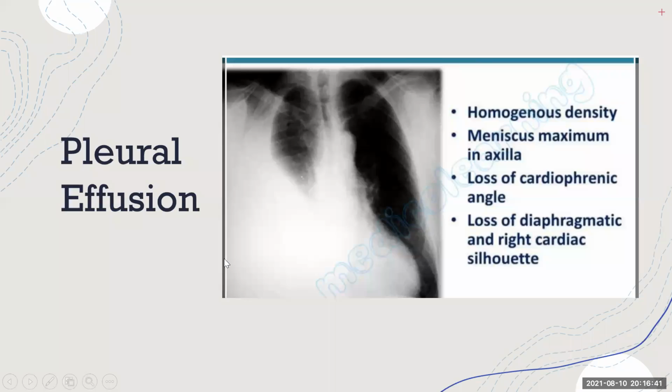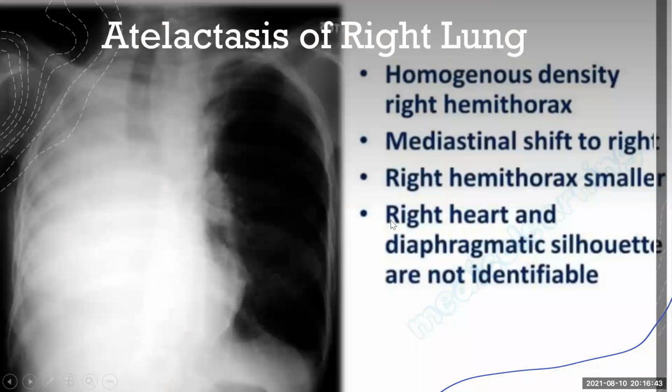Say for example here, if you just see the whole thing is black, then what will you think is happening here? Of course it's a pneumothorax here, and one side is all filled with fluid. The fluid can be anything, it can be blood also. If there is fluid, you will always find a white thing on X-ray.